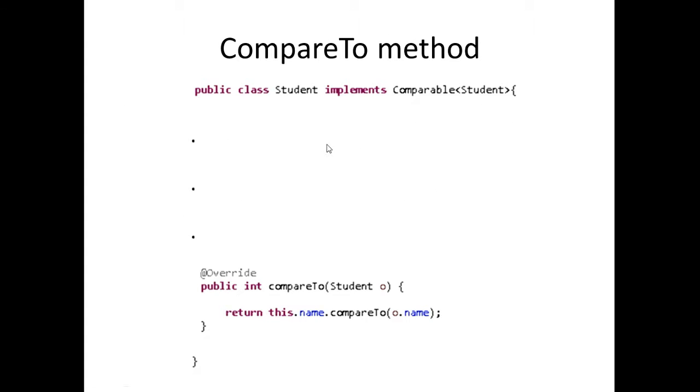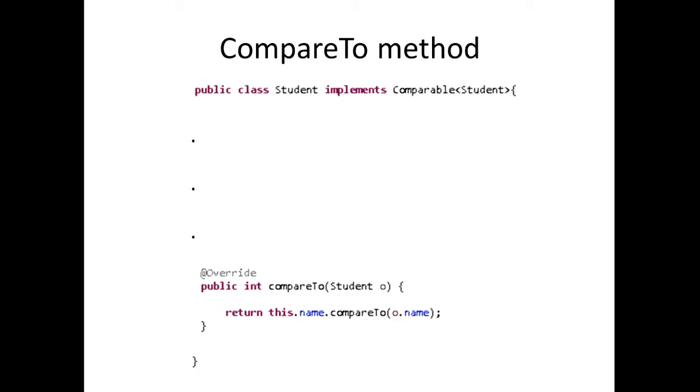All right, so as you can see here, let's just say we create our own object. If we're creating our own object, the first thing we want to do is create a class. Let's just call it Student. This Student class is going to implement the Comparable interface, and then we also want to specify the type of objects that we're going to be comparing.